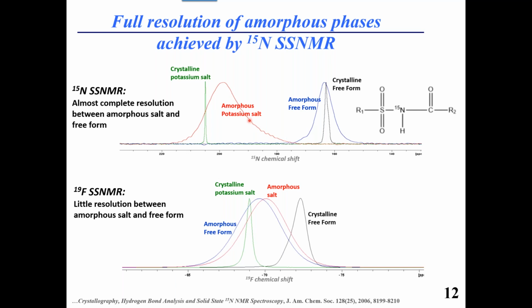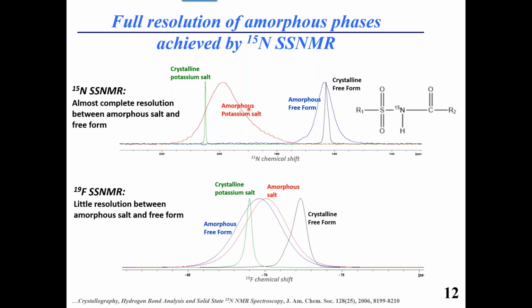Amorphous doesn't mean completely disordered. There is still some distribution of states that some of them are more likely than others. Typically, we see a more Gaussian-like distribution in these fluorine spectra, but an asymmetric distribution is not unexpected. But why exactly this, I cannot give you a specific answer.